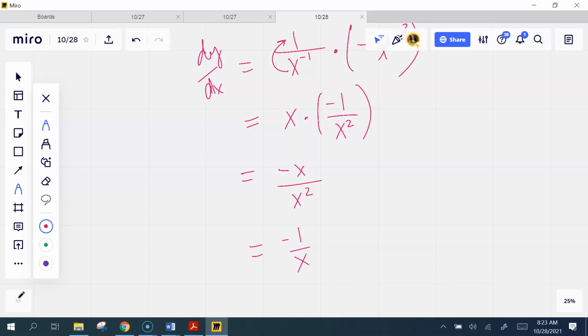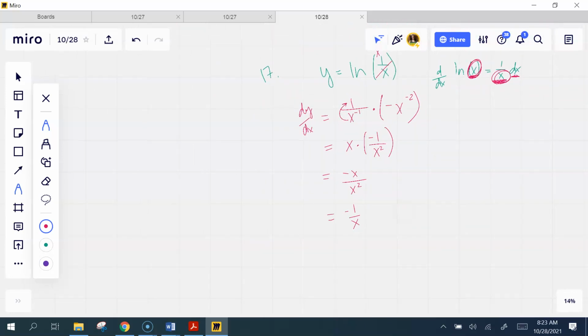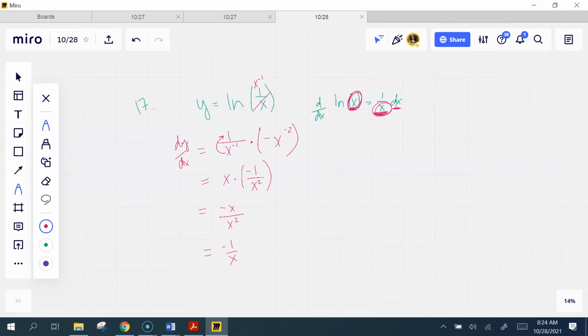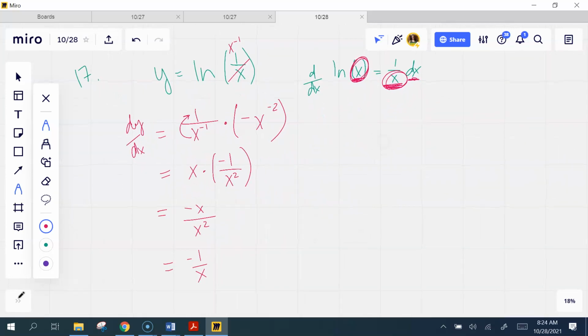Since the x is in the denominator, I'm assuming that's why you can't take the log of a negative number. Because initially, in this one, it couldn't be 0 because then x would be undefined.